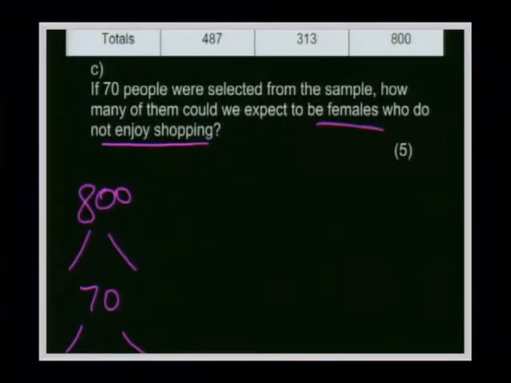Now what they're telling me is that we had our 800 people, and out of these I'm going to select 70 people at random. Of these 70, I want to know how many are actually female who did not enjoy shopping.